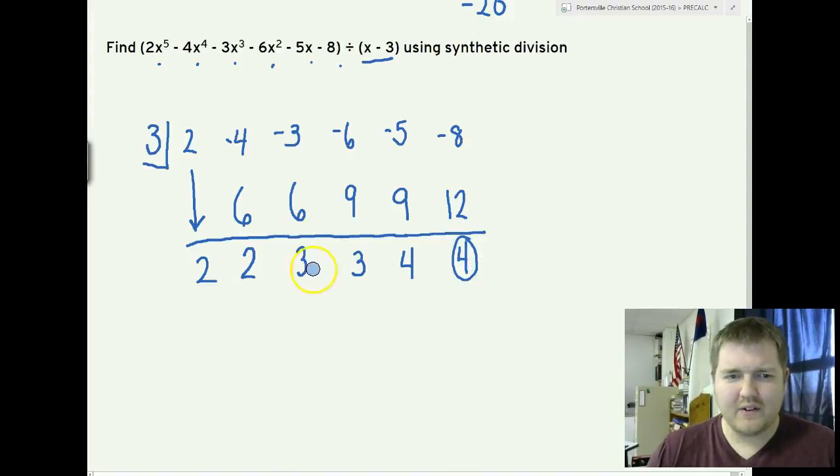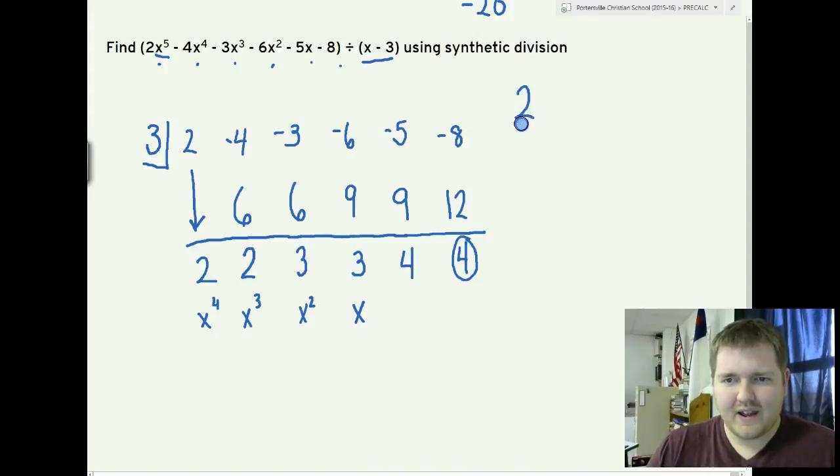So then I take each one, and it goes down a notch from what it was before. This is my x to the 4th term, this is my x to the 3rd, x squared, x, my constant, and my remainder.